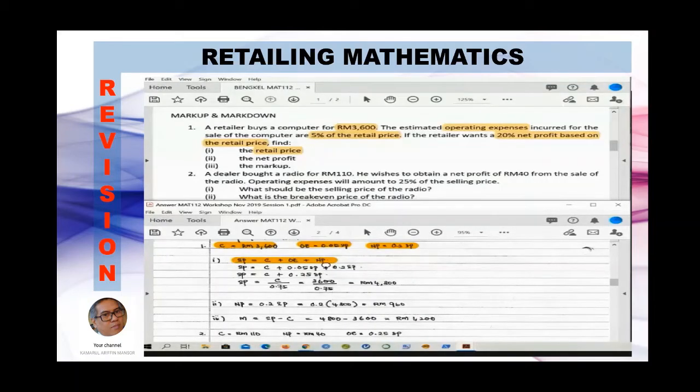So what you need to do right now is just simply substitute the information into the formula. Kita punya C masih lagi C. Untuk yang OE, kita ada OE sama dengan 0.05 SP, so kita gantikan kat sini dengan 0.05 SP.